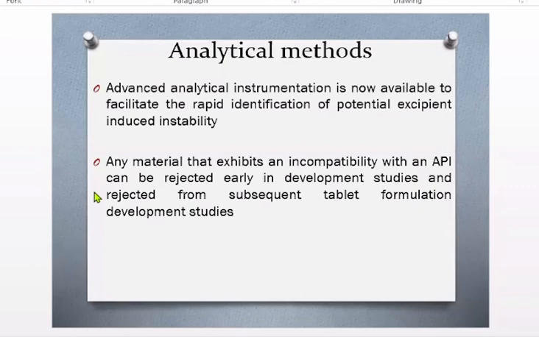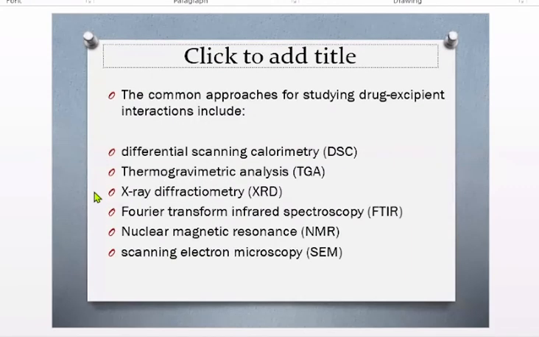Some of the commonly used methods are here. We've listed them: differential scanning calorimetry, thermogravimetric analysis, X-ray diffractometry, Fourier transform infrared spectroscopy, nuclear magnetic resonance, scanning electron microscopy.